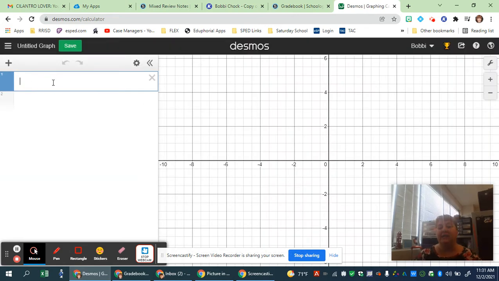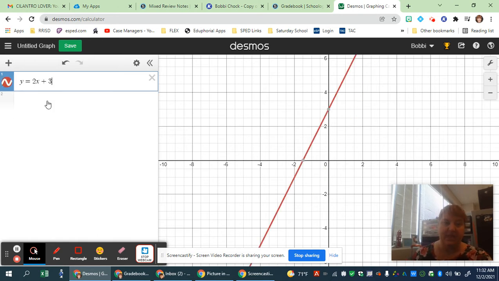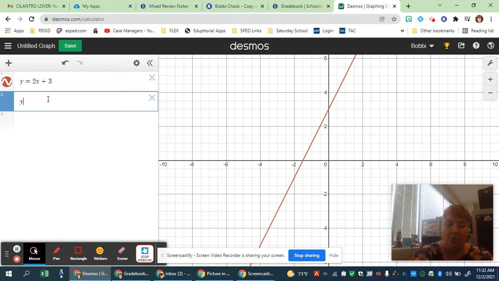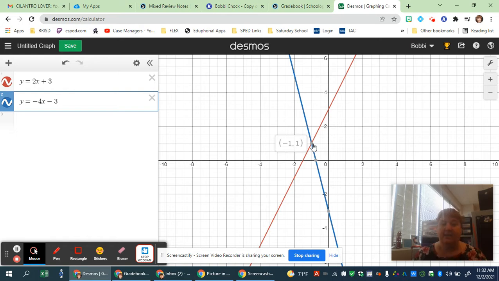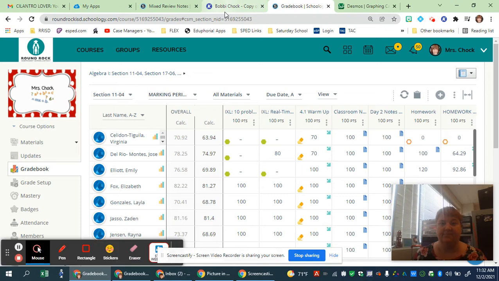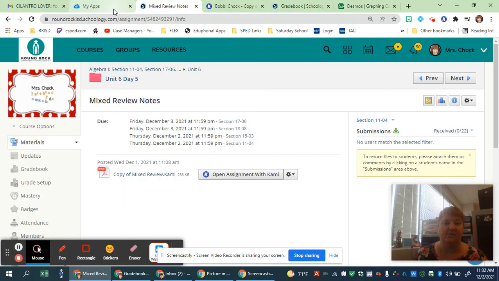Now, if it's not in y equals form, you can't do this. So y equals 2x plus 3 and y equals negative 4x minus 3. Again, they both have to be in y equals, and then I can see my answer. My answer is negative 1, 1. That's it.